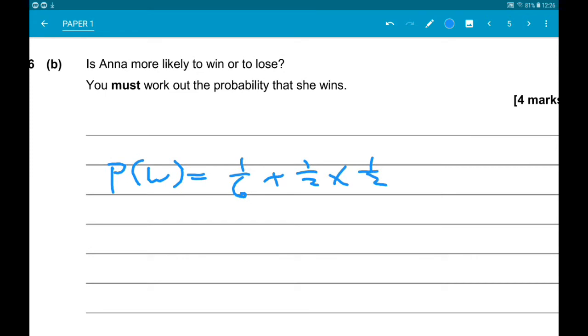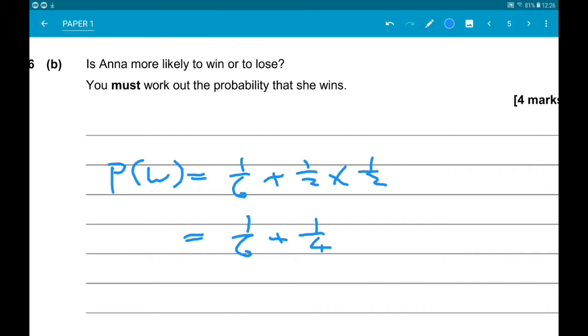So here we have 1/6 add 1/4. Now we need to combine these, so probably the easiest way is common denominators, which here would be 12.